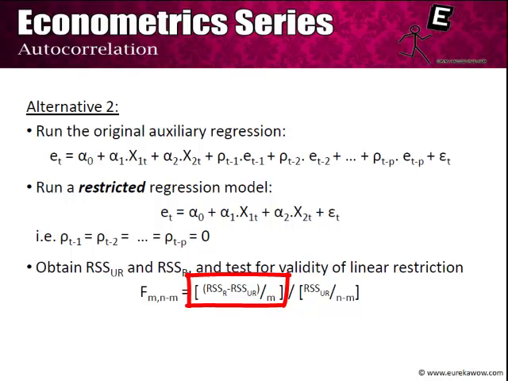We then divide this numerator by the denominator, which is given by the residual sum of squares in the unrestricted model divided by n minus m, where n is the sample size and m is the number of linear restrictions. This follows an F distribution with m degrees of freedom in the numerator and n minus m degrees of freedom in the denominator. If we are able to get a value significantly different from 0, then we can reject the null that there is no autocorrelation and conclude that there is evidence of autocorrelation.